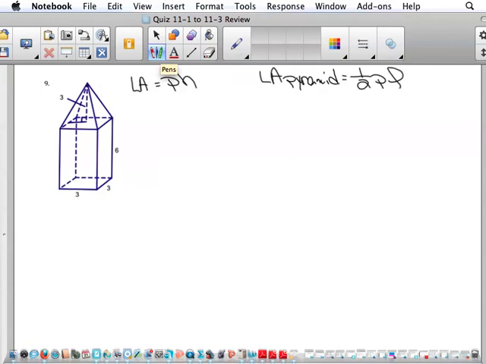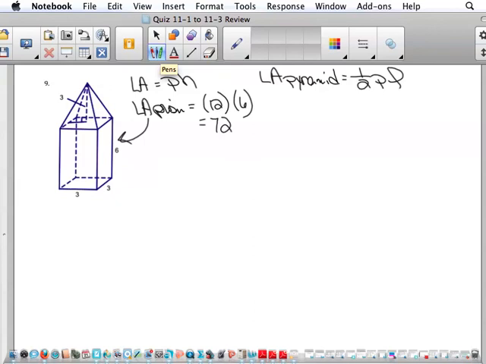Again, I don't have that slant height, so I'll have to use the Pythagorean theorem for that. So let's first find the lateral area of the prism, which is this base. That's the perimeter, 3 times 4, there are 4 sides, which gives me a perimeter of 12 times the height, which is 6. So 12 times 6 is 72.